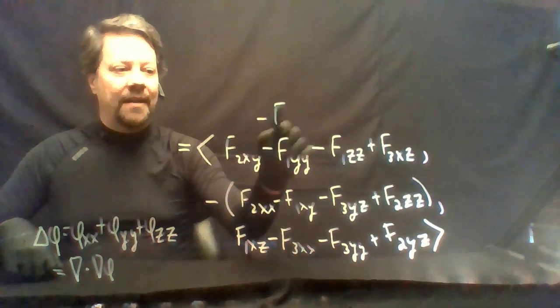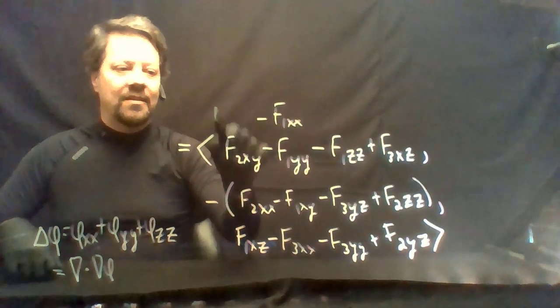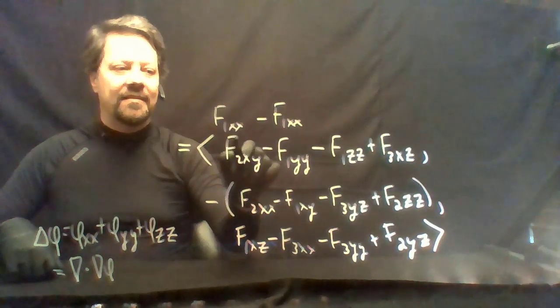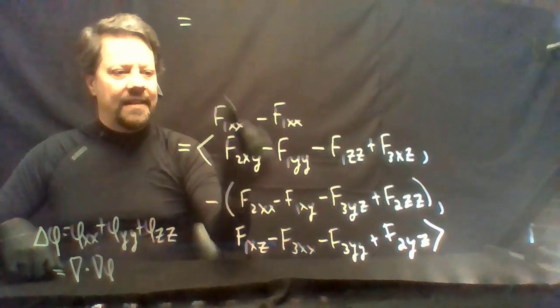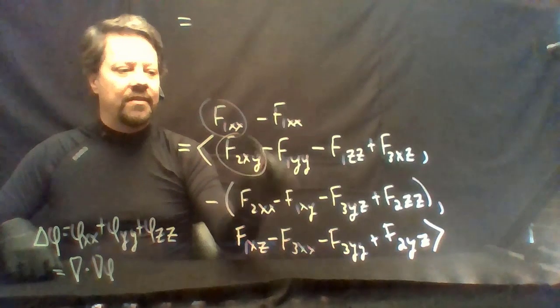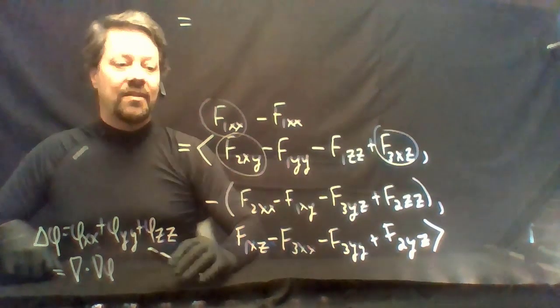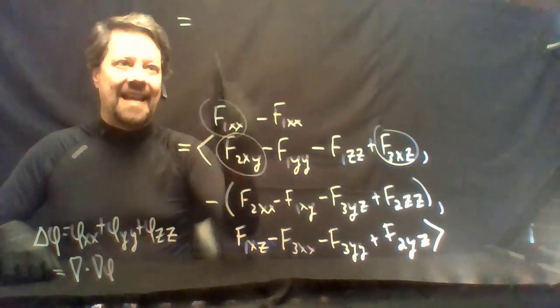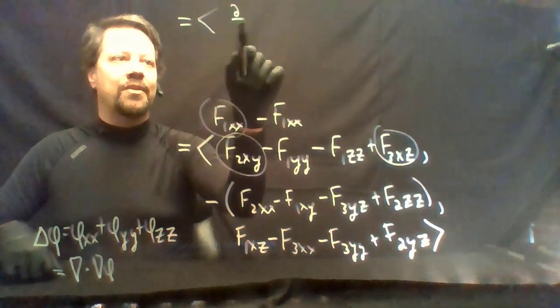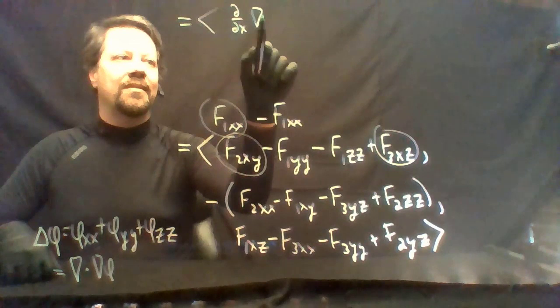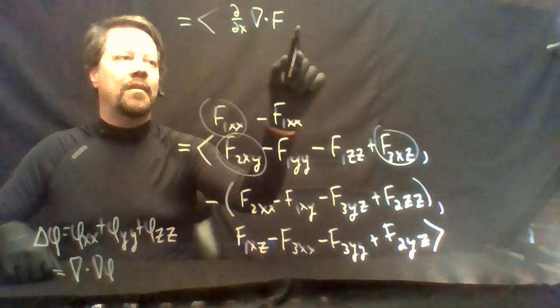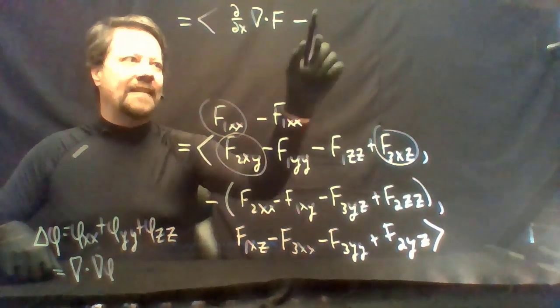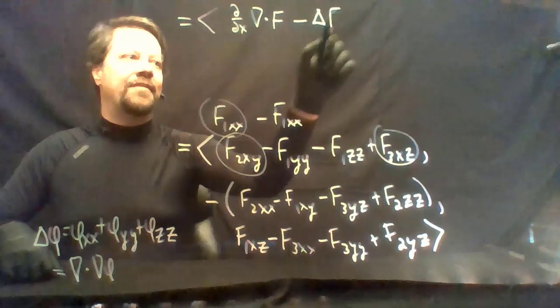We get what we want, we just have to pay for it. Then the remaining three terms look like a divergence of our vector field and an additional partial derivative with respect to x, and we'll be subtracting the Laplacian of f1.